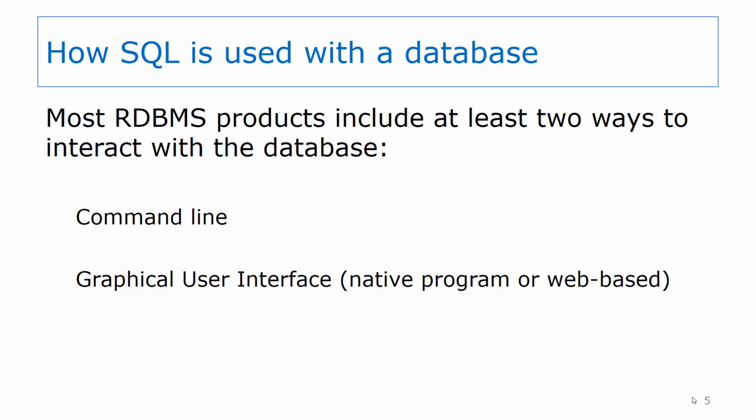Most database management systems include two ways that you can interact with the database: command line and graphical user interface. The command line interface is used by opening a command prompt window or shell and starting the database's command processing program.